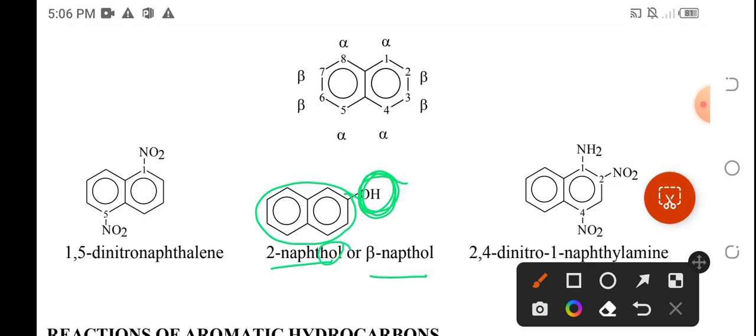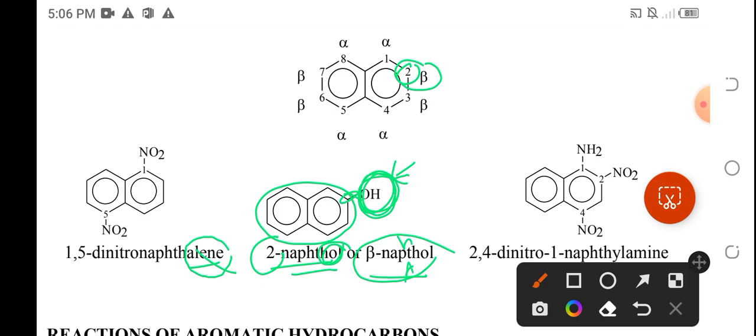So instead of having a naphthalene, the suffix -alene will be dropped and replaced with an -ol, so as to show that they belong to the alcohol group. Nevertheless, sa numbering wise, nasa second carbon atom siya, kaya 2-naphthol. Or, since nasa 2 siya, which belongs to the beta, it could be beta-naphthol. Sorry, dapat may H dito.